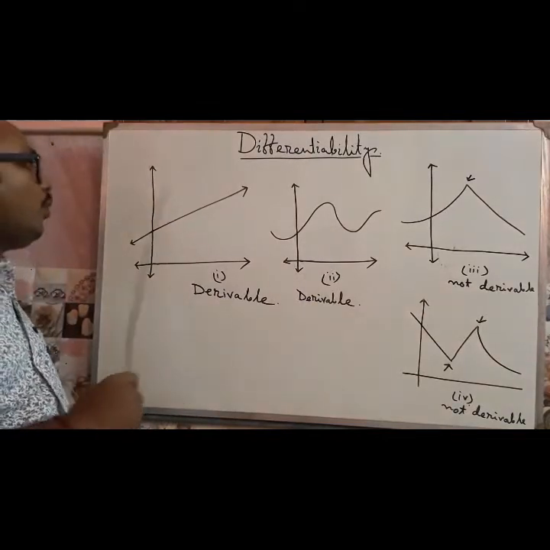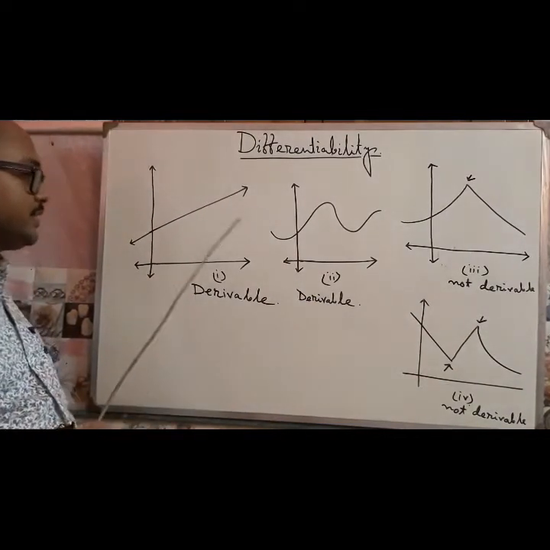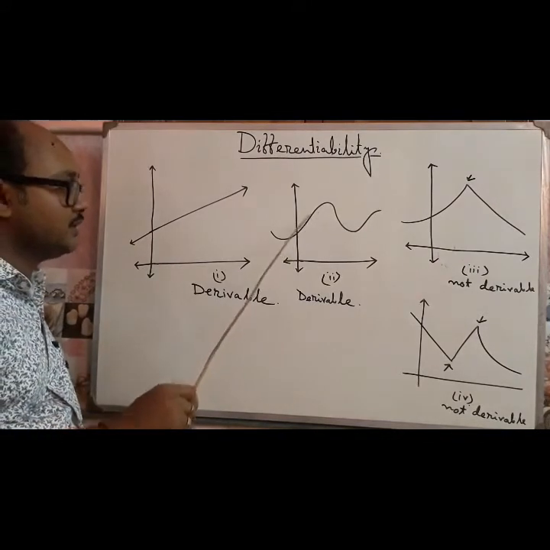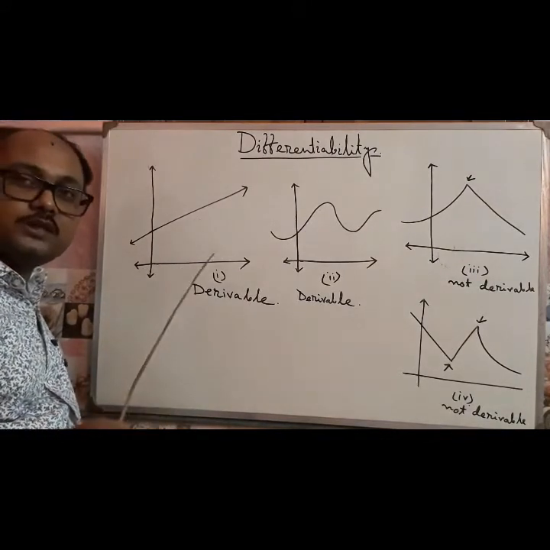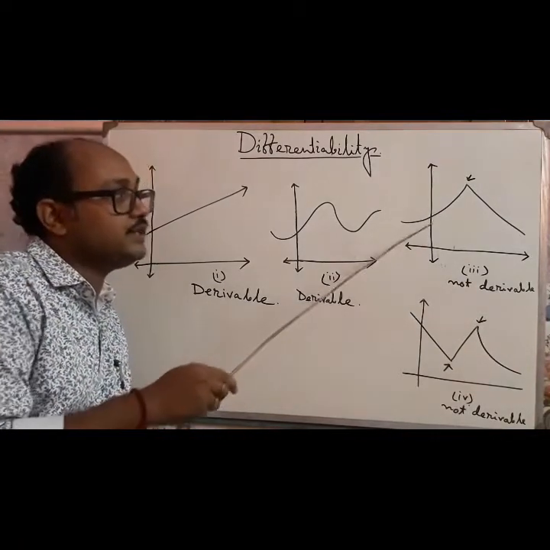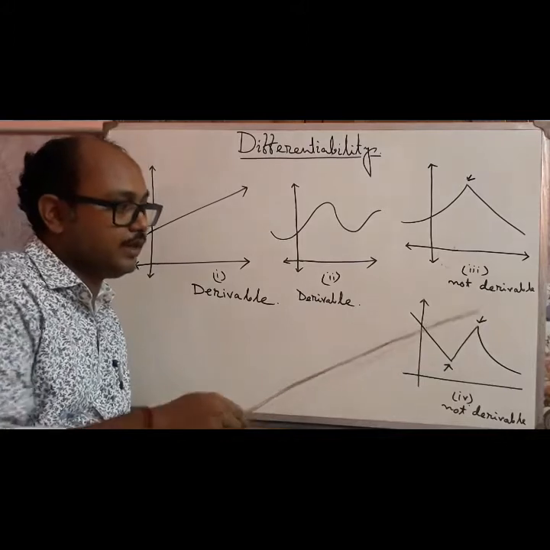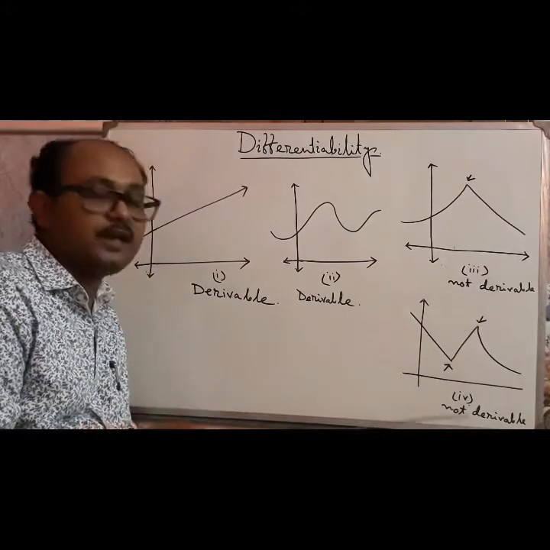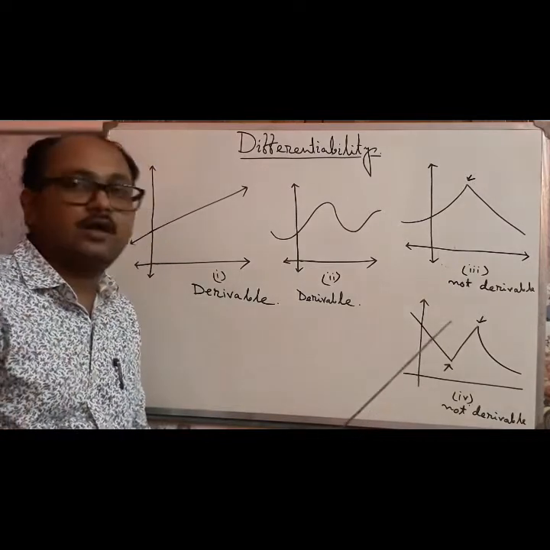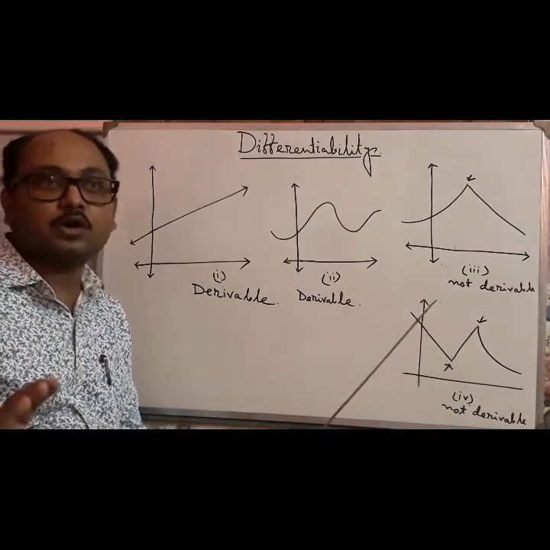Now, in all these four graphs you can see the functions are continuous. Here it is continuous, derivable. Here it is continuous, derivable. Here also the function is continuous but not derivable. Here also the function is continuous but not derivable. That means continuity is a necessary condition but not sufficient.